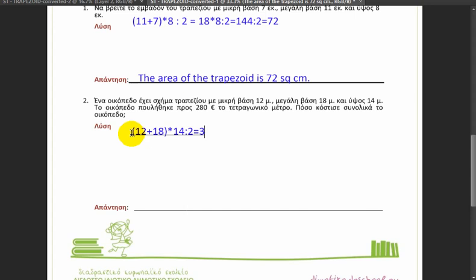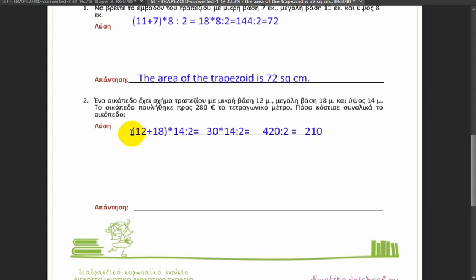So 12 plus 18 is going to make 30. And we need to multiply that by 14 and divide by 2. 30 times 14 is going to give us how much? 420, and we need to divide this by 2.